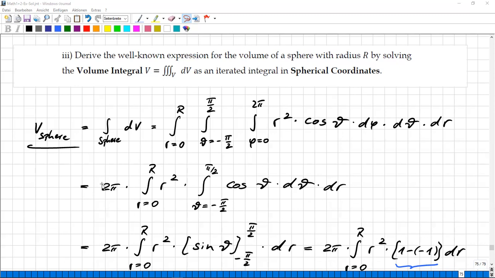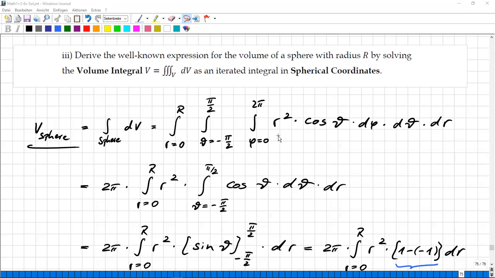So the phi integration is done, and what stays is an integral over the remaining r squared times cosine of theta, first over theta, then over r. And you see what I'm doing here. It's not necessary, but perhaps it's better to do it. I may move this factor of r squared just a step to the left, namely outside of this theta integral.